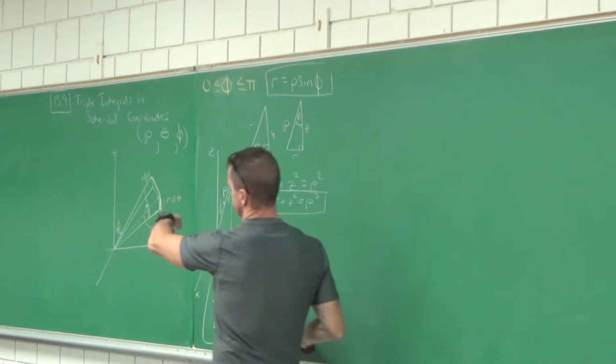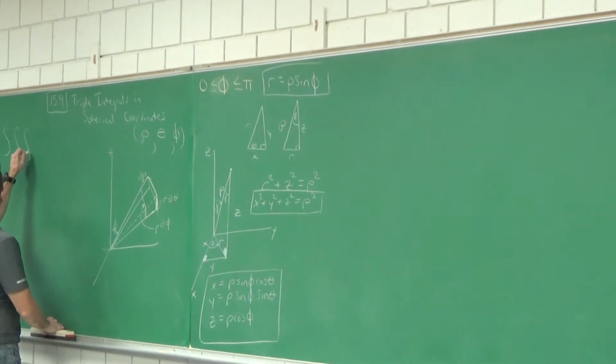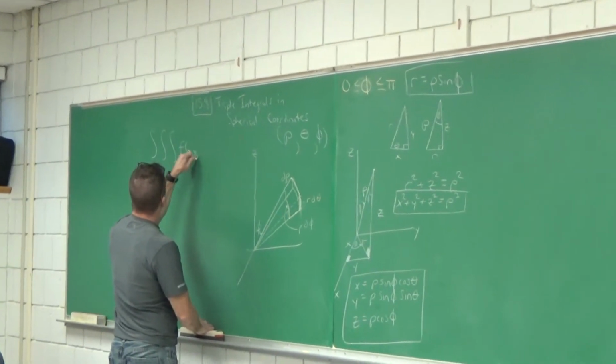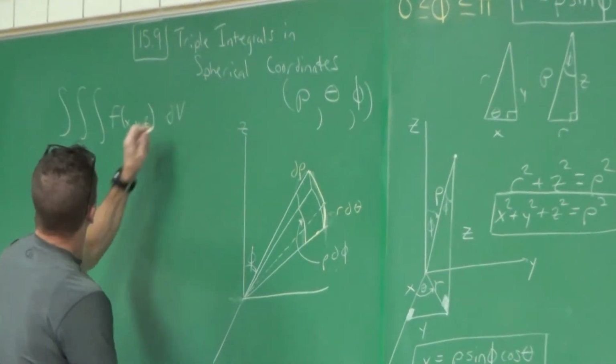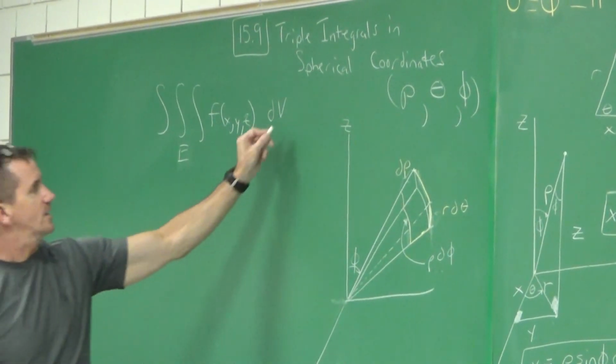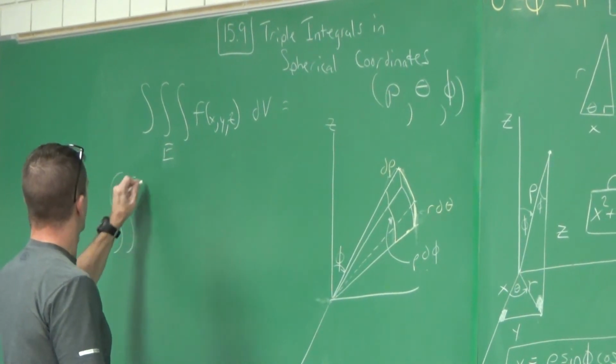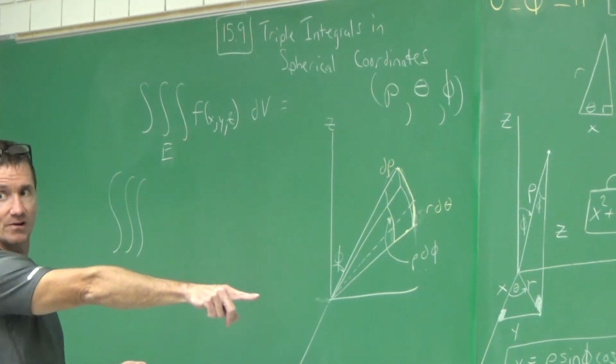So back to this. Let's just write this out. What will a triple integral of a function of x, y, and z in Cartesian be equal to? Well, I think I have enough room, because these are long, aren't they?